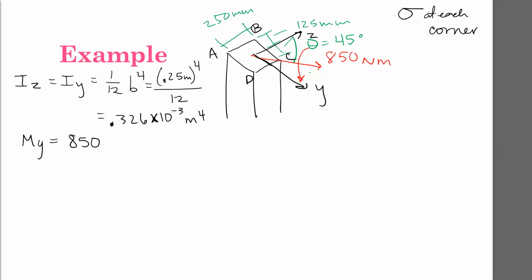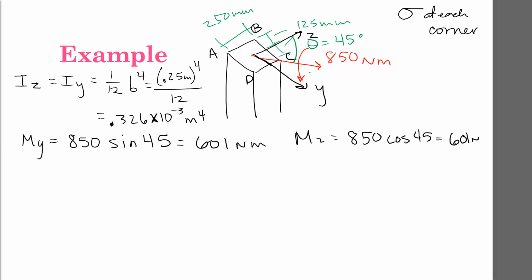So that means the moment about the y-axis is going to be 850 sine 45. That equals 601 Newton meters. The moment about the z-axis is 850 cosine 45. So that, not surprisingly, is the same value, 601 Newton meters.